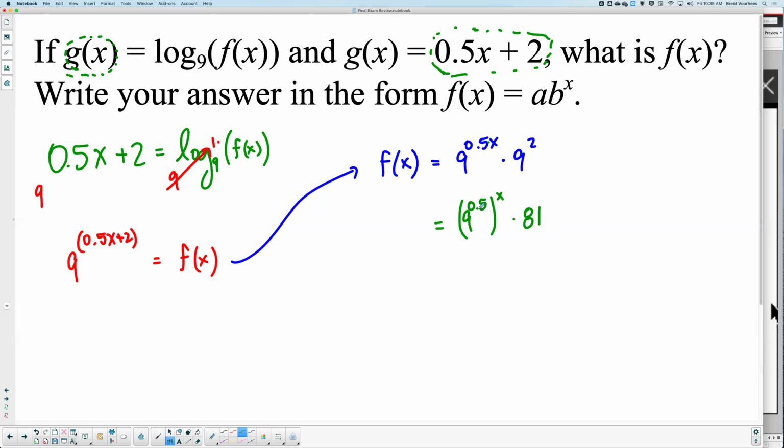Okay, a 0.5 power, that's the same thing as a square root. What's the square root of 9? 3. That's 3 to the power of x times 81. I now have it in the right form. F of x equals 81 times 3 to the power of x. There's your answer right there.